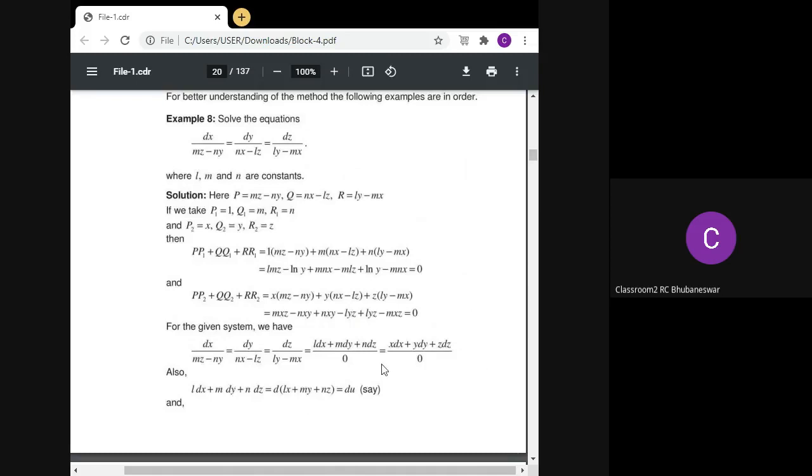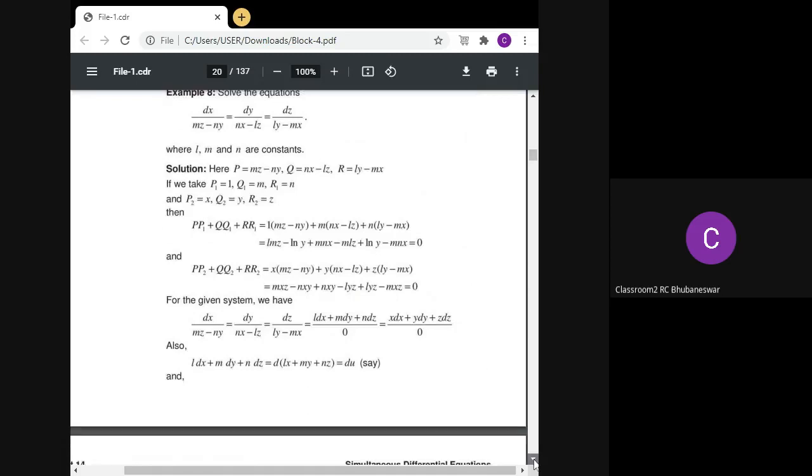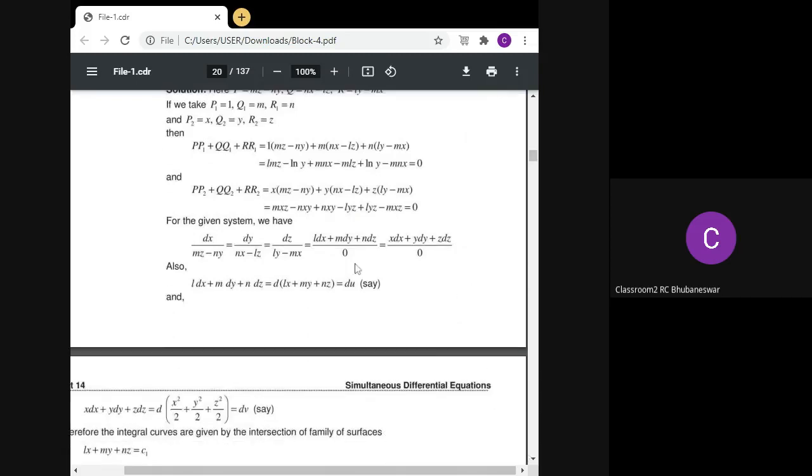Now after assigning these two values by using this procedure, look at the expression here: the denominator is 0. Once you get the denominator 0, look at the second or fourth fraction. This can be represented in the form of l dx plus m dy plus n dz.